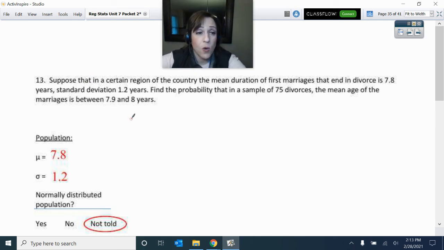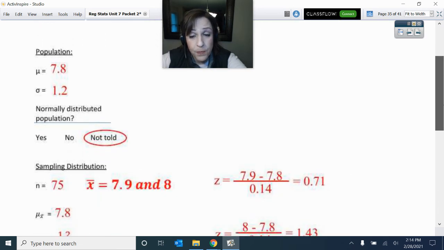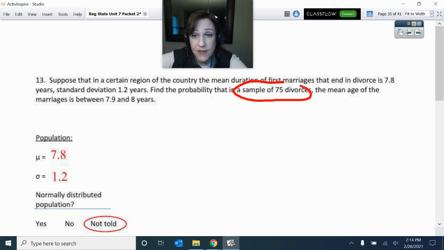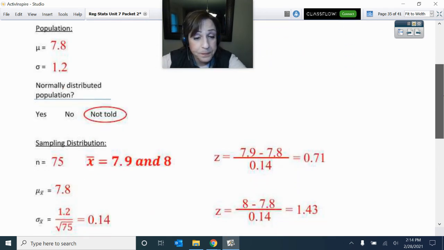So again, what this tells me is that I do not have the right to ask about the probability of one marriage lasting between 7.9 and 8 years, because I do not know the shape of individual marriages. But this problem asks about samples of 75 divorces and the average of those 75 divorces.